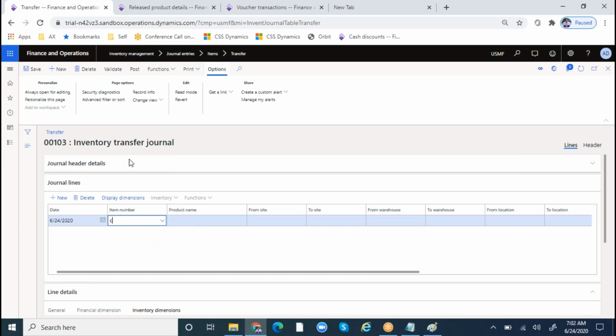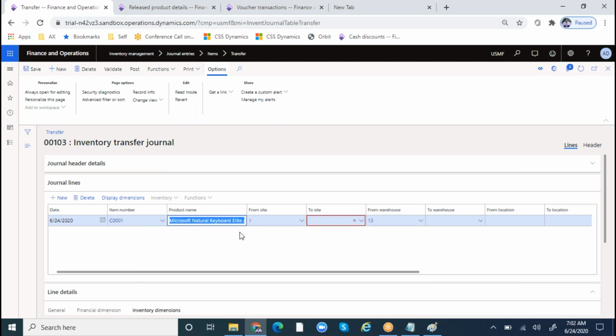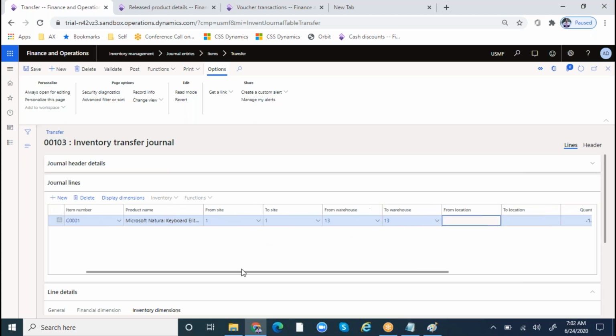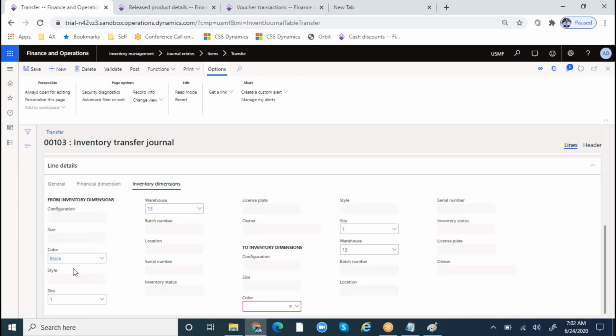By mistake I have deleted the journal. That is the reason I'm getting error messages. Okay, so same site, same warehouse. Now I'm changing from one color to another color, black color to another color, one size to another size.